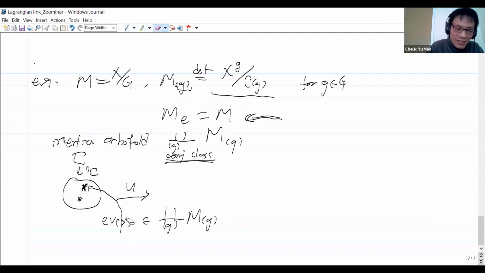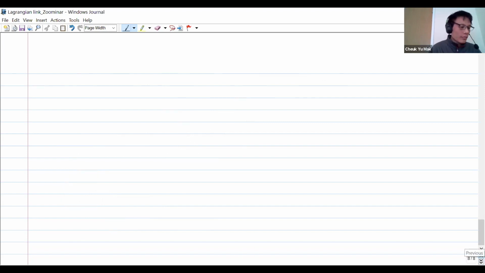Too many p's, let me call it z. This is the nature of the evaluation map at interior marked points, so that's why bulk insertions from other twisted sectors of the inertia orbifold will appear.